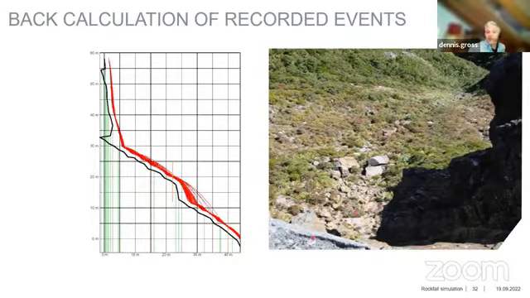And with that help, we could then also do a back calculation to have a better understanding of the site condition and the possible rockfall incidents and energies happening there.